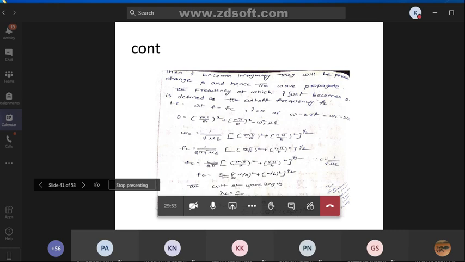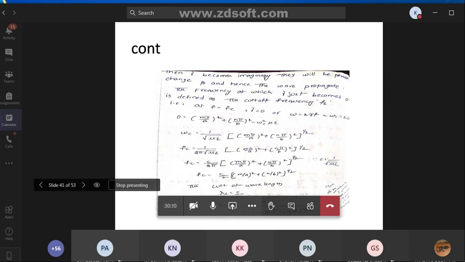The frequency at which gamma becomes 0 is defined as the cutoff frequency. So we can write at f equal to fc, gamma equal to 0.